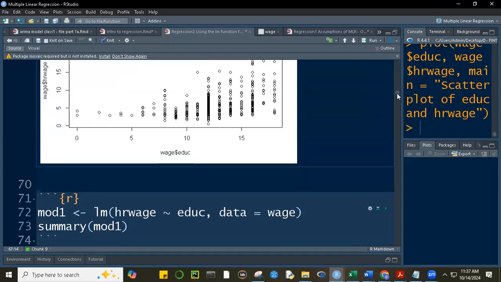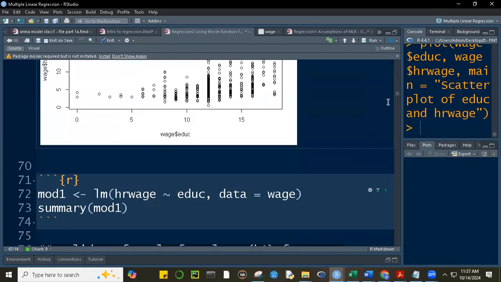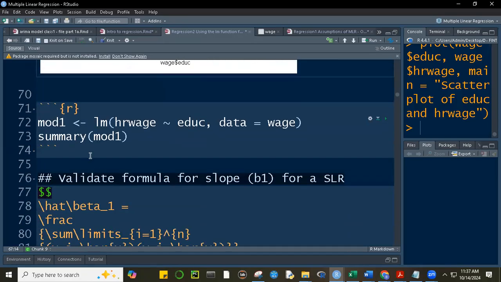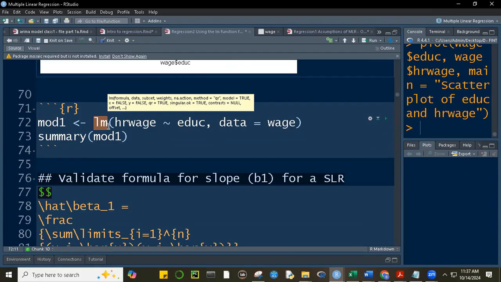Okay. All right, so this is the first linear model that we're going to construct, no? So we're creating this object called mod1, and it's equal to LM. LM stands for linear model, and this is let's say, ito yung pinaka-power horse ng regression, linear regression. LM, linear model.